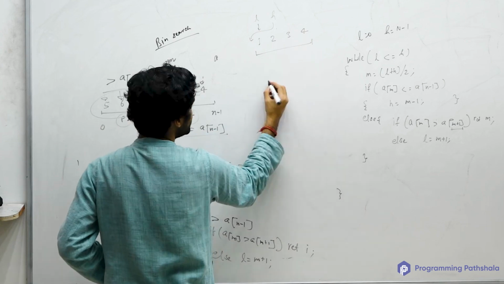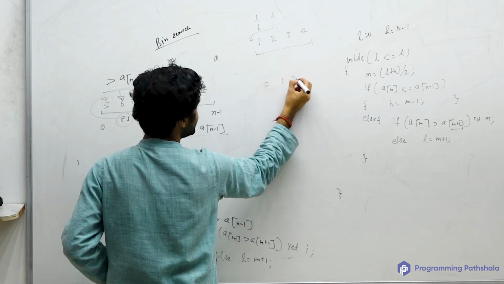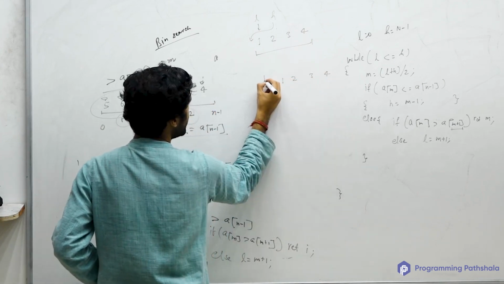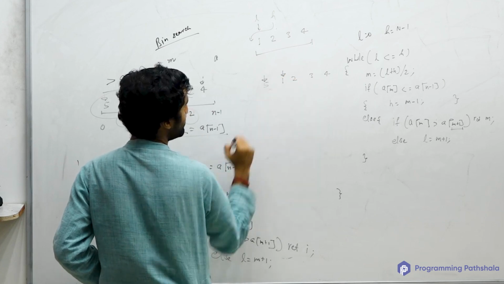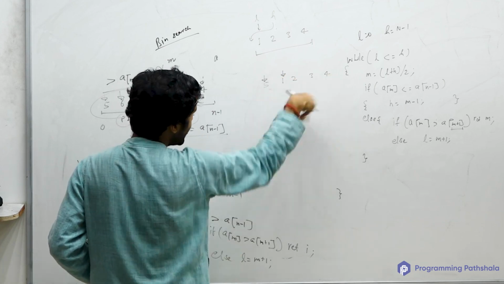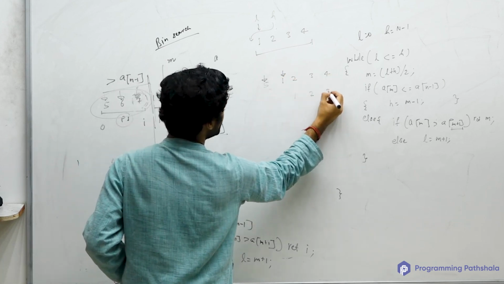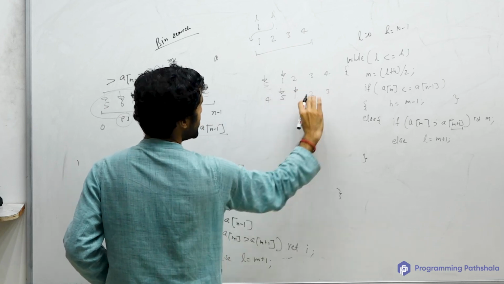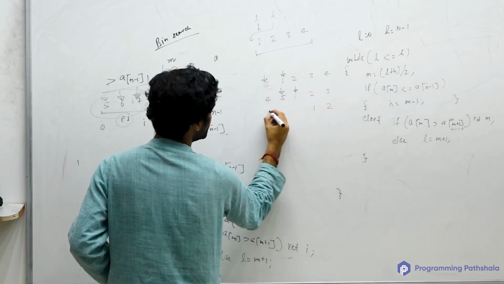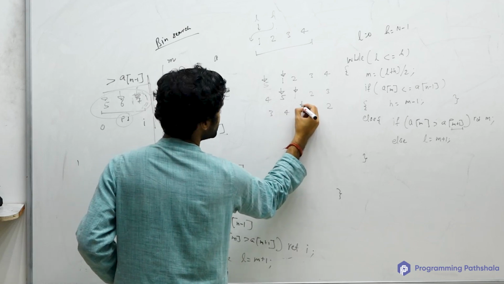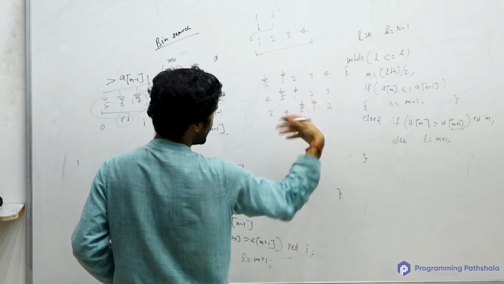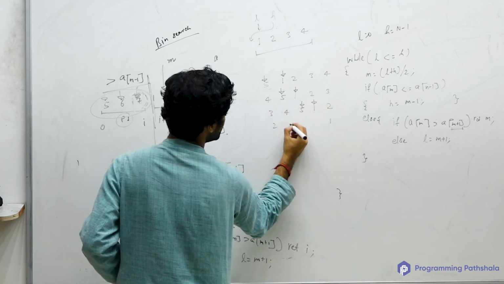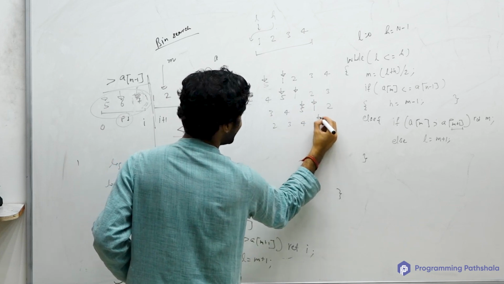Even if there is just one rotation, then this will be your m and this will be your m plus 1, which again is safe. If there are two rotations, you will have something like 1, 2, 3, 4, 5. If this is your m, this is m plus 1, again safe. If there are 3 units of rotation, again safe. If there are 4 units of rotation, again safe.